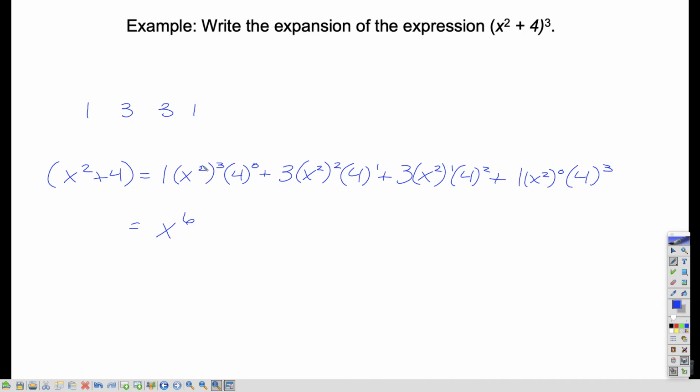And then I'm going to have 4 times 3 is 12, x to the fourth. And then I'm going to have 16 times 3, so 48, x to the second. And 4 to the third is 64.